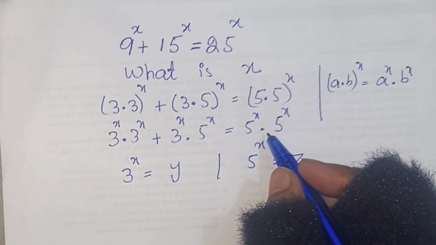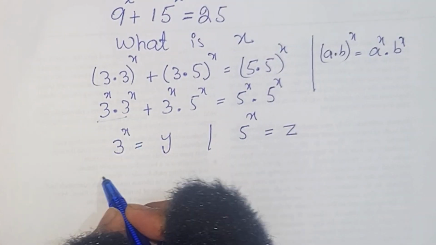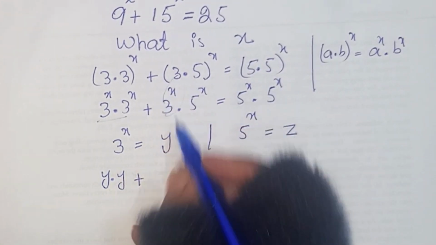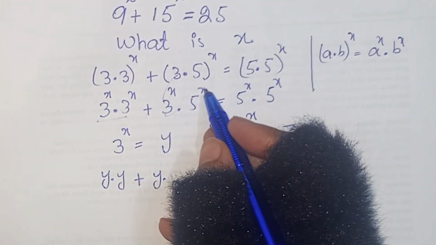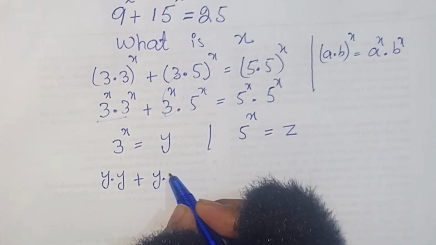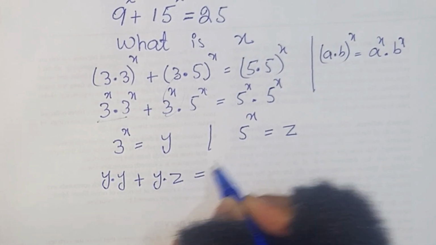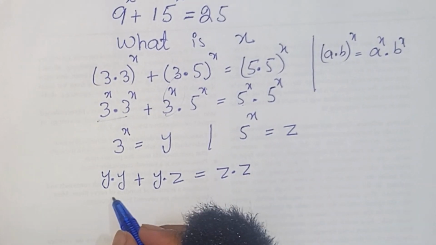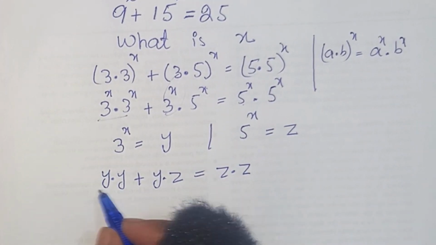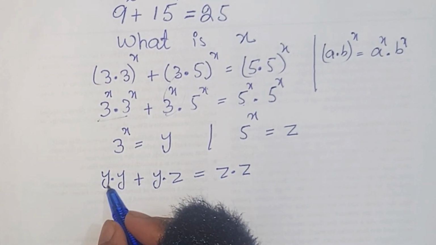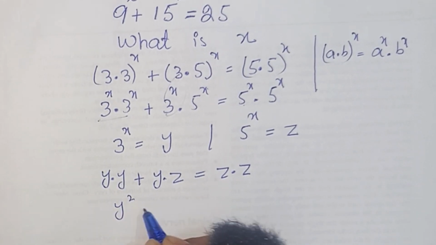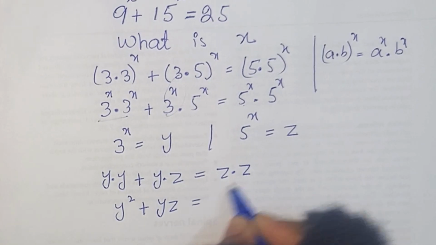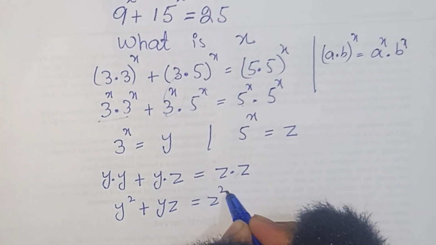Then the equation becomes y multiply y plus y multiply z equal to z multiply z. Now we multiply: y multiply y is y square, the second term becomes the product yz, and the last term becomes z square.